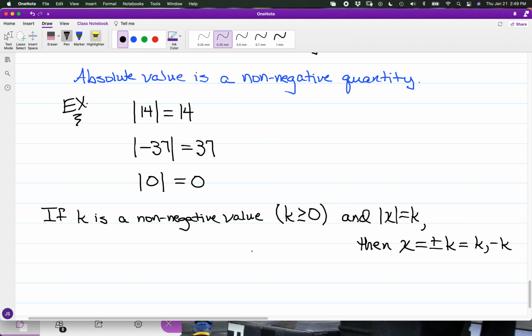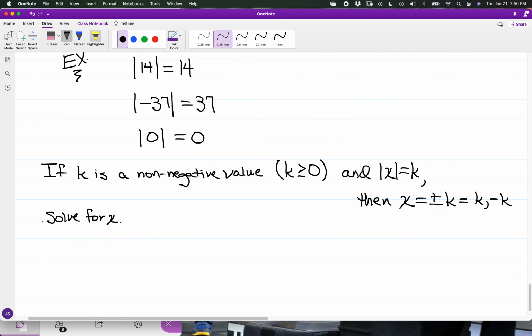Now let's say that in the case of absolute value equations, we're looking at solving for x, and just kind of get squared away here. Say we have the absolute value of x is equal to 7.